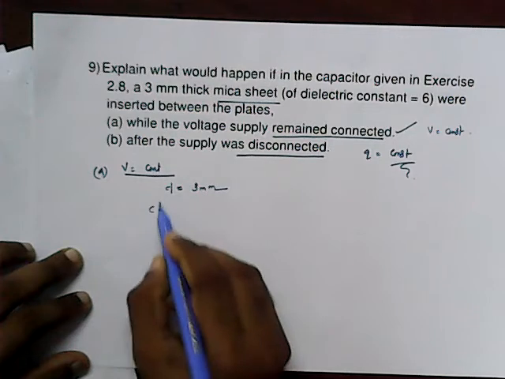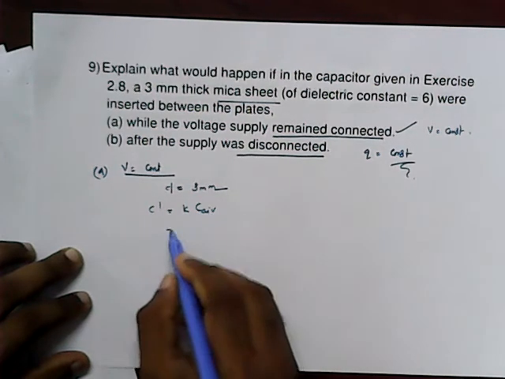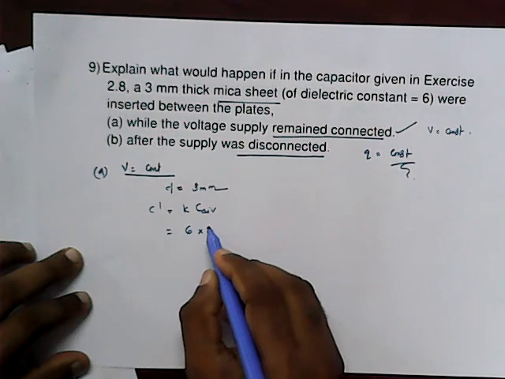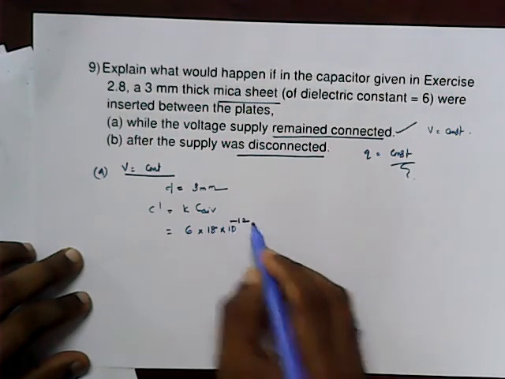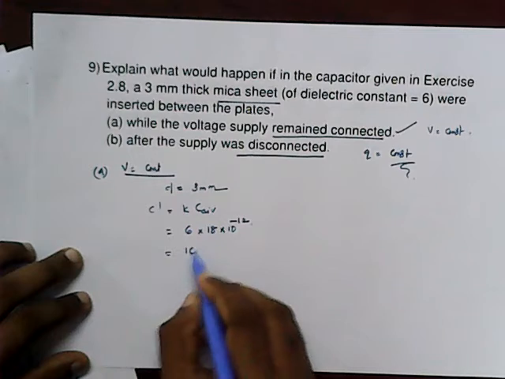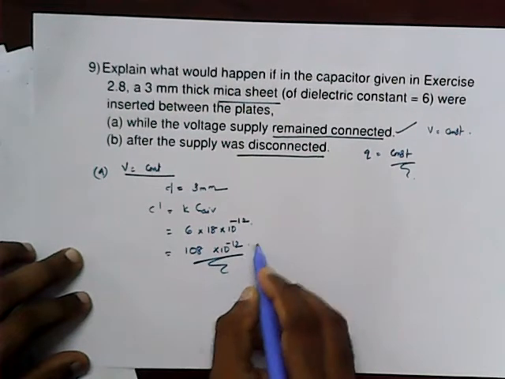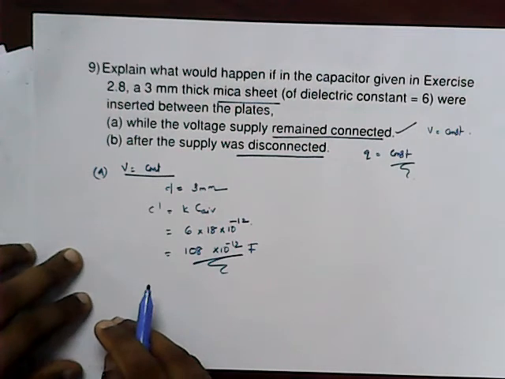Hence the capacitance change is nothing but K times C of air, no doubt at all. So 6 times C air, which we already found as 18 × 10^-12. So that is equal to 108 × 10^-12 farad. So we get the capacitance.